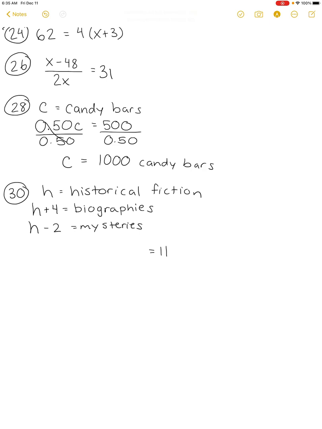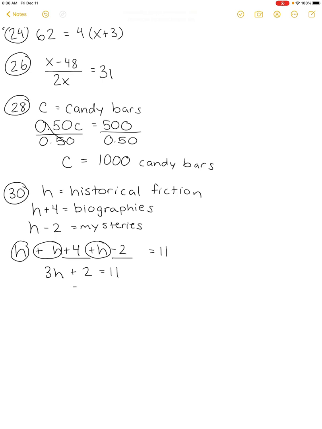So if I total up the historical fiction plus the biographies plus the mysteries, I'll get his total number of books. So I'm going to combine my like terms. H plus H plus H gives me 3H. 4 minus 2 gives me 2.